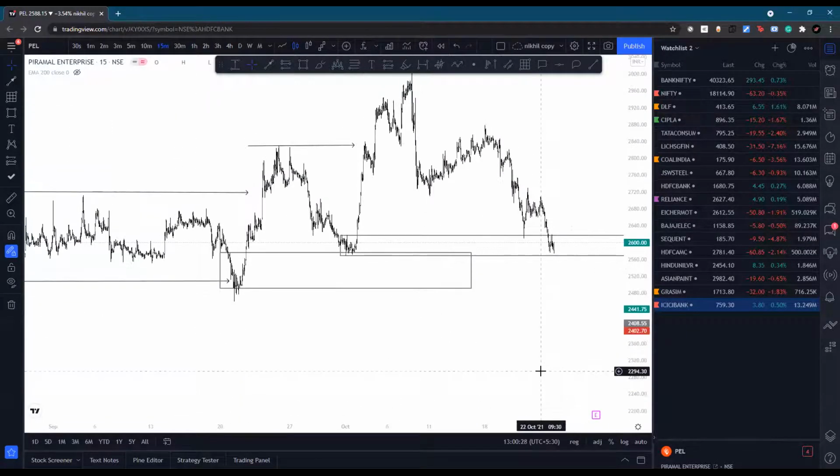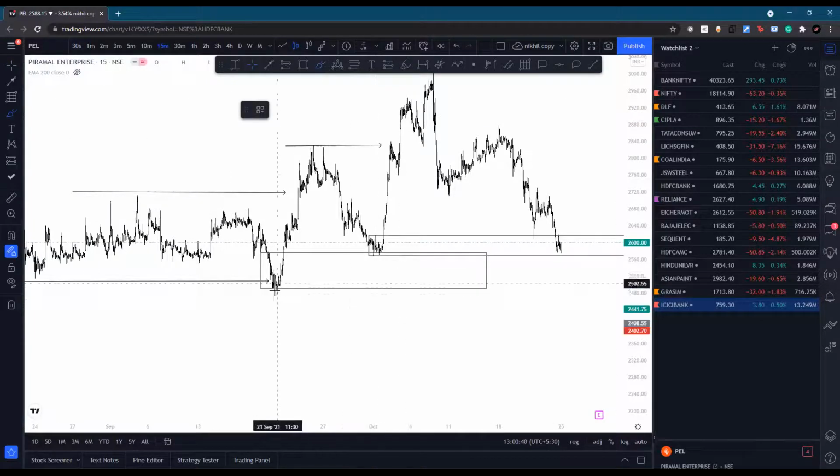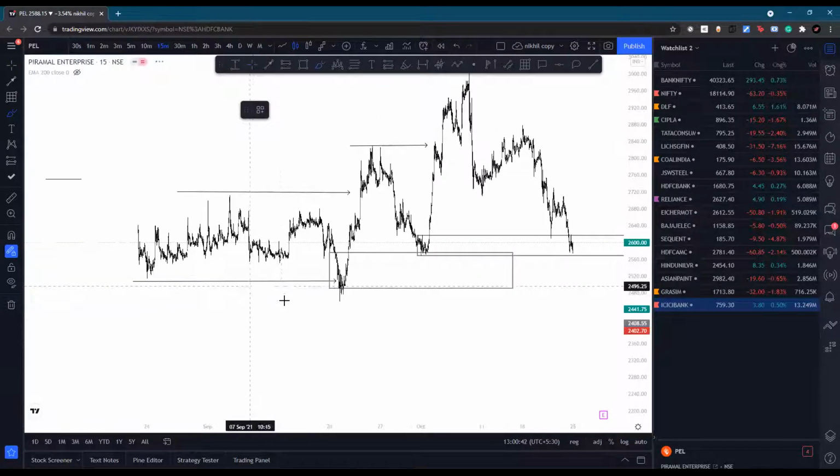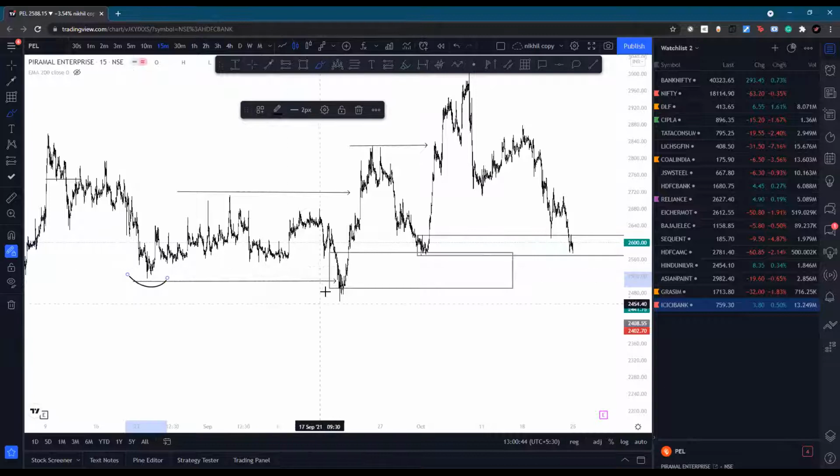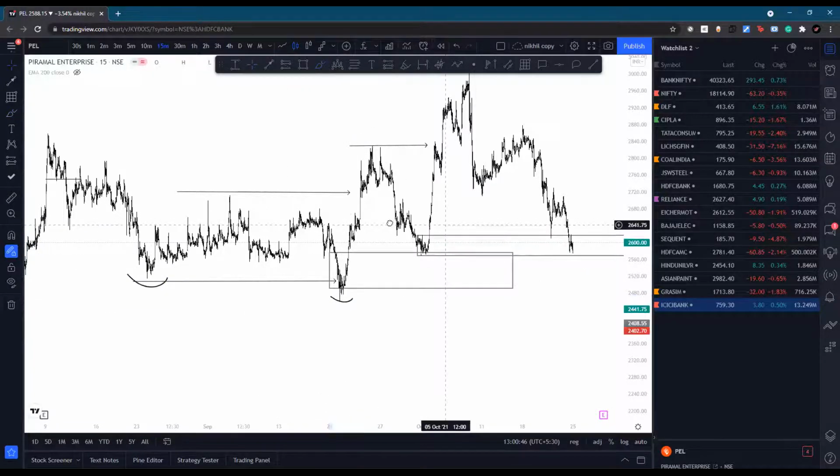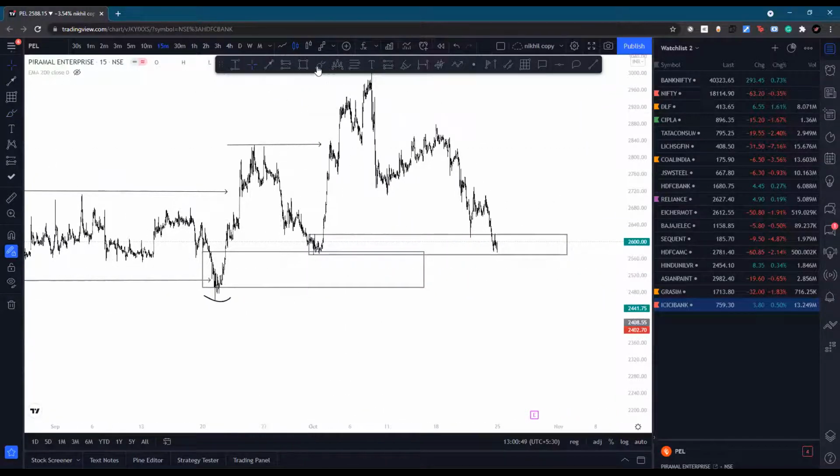See, you have to look for an ideal setup. You can't take entries whenever you see a break of structure and order block level. If there is a liquidity sweep and then you see a break of structure, that means they have grabbed enough liquidity to push the market even higher. So here also we can expect the market to go even lower and then go for this liquidity sweep.